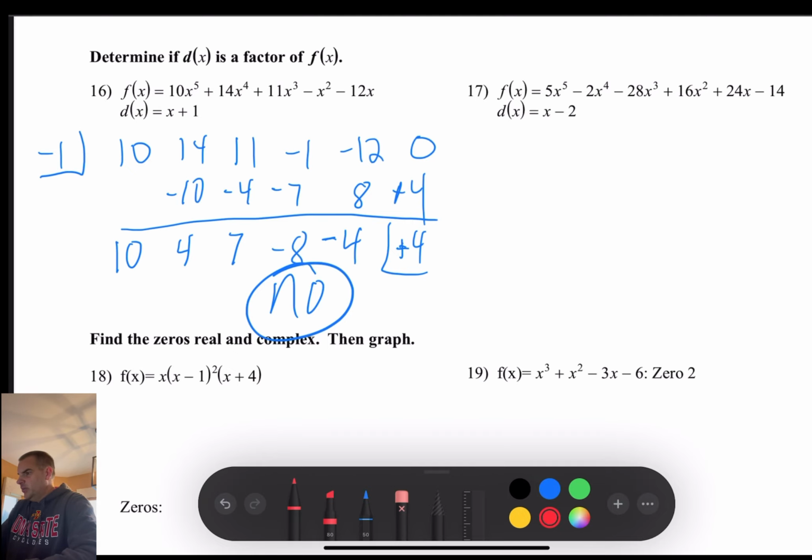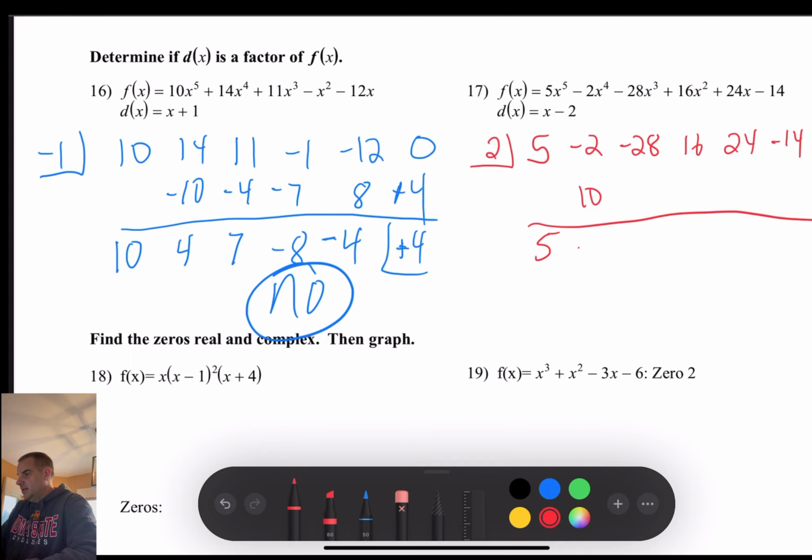Next one's done the same way. 2, opposite. So we've got a 5, a negative 2, a negative 28, 16, 24, and negative 14. 5, 10, negative 8, negative 16, negative 34.